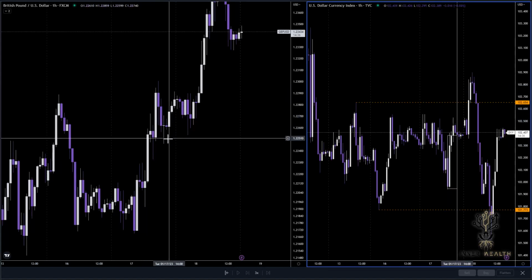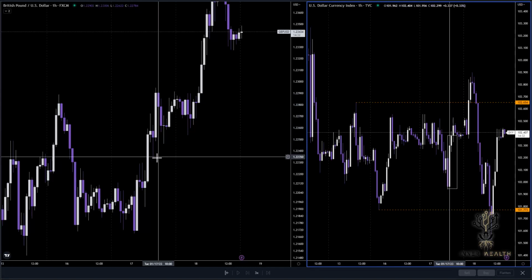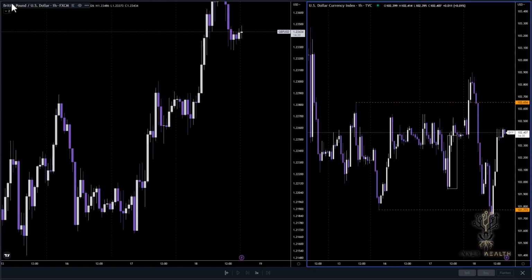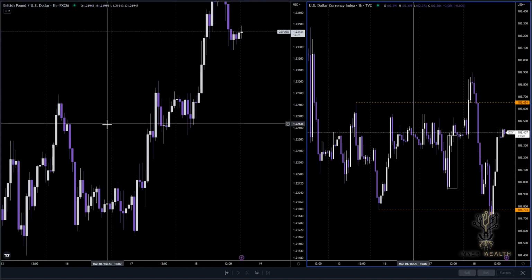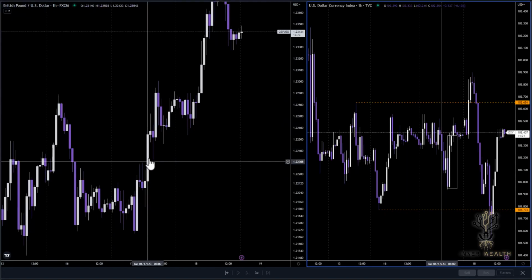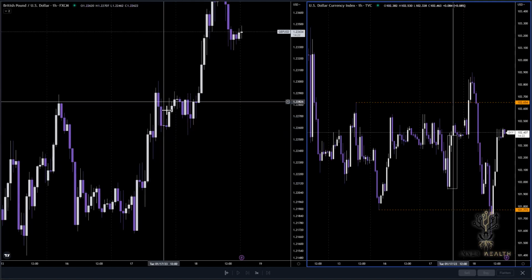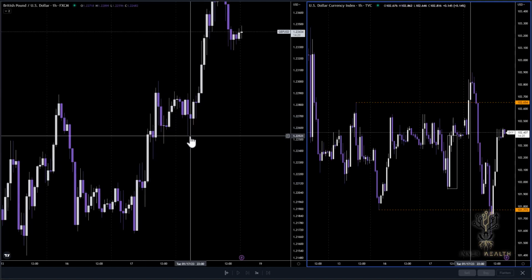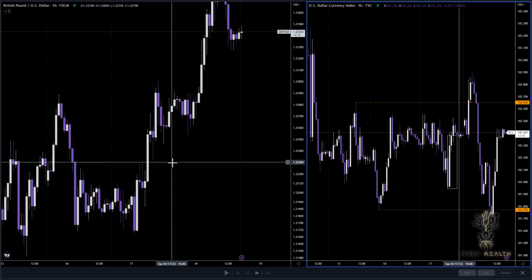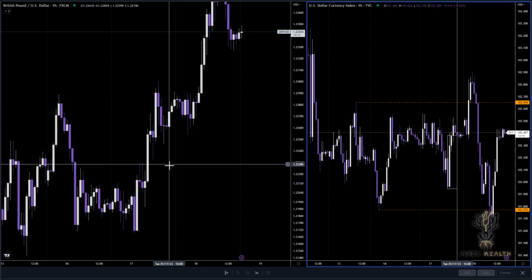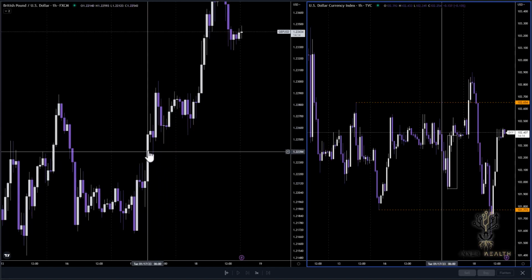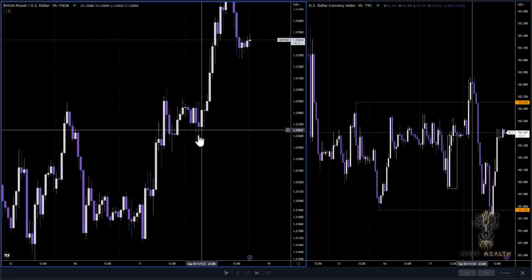So what is this telling me? Okay, this is telling me that GU, that pound, the primary asset on GU, is so strong right now that the DXY is failing to push any lower, right? So it is encouraging a buying scenario that took place the next day.